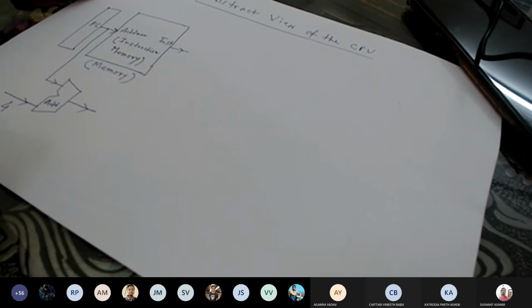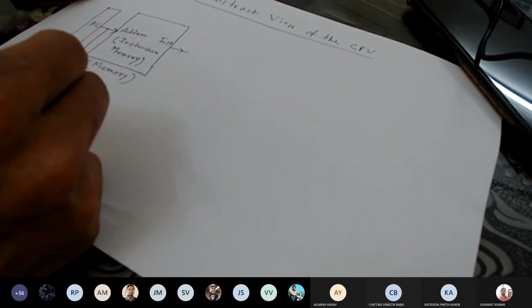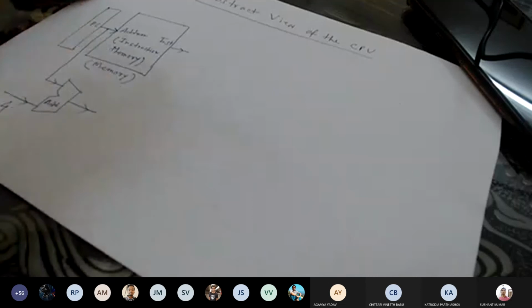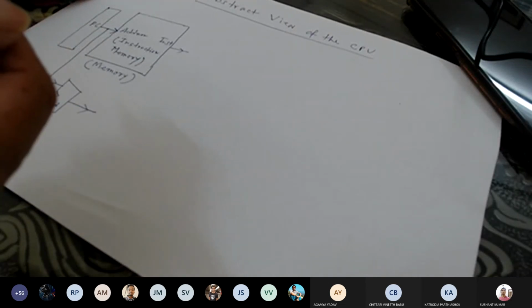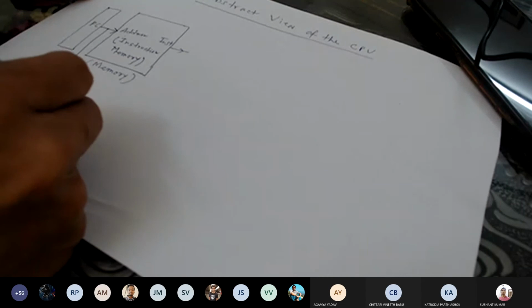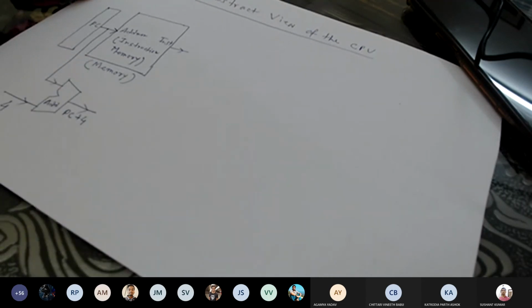The program counter value is added with 4 and you get a new value of the program counter. That's what I wanted here. So this is basically PC plus 4. The output is PC plus 4.